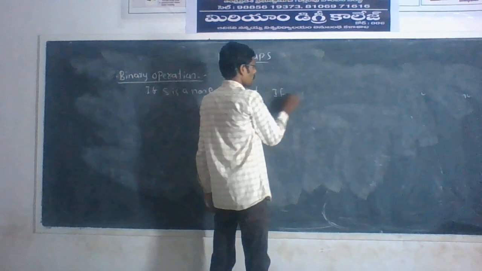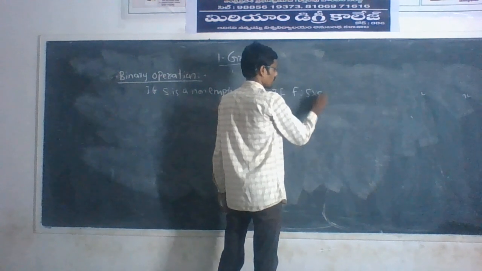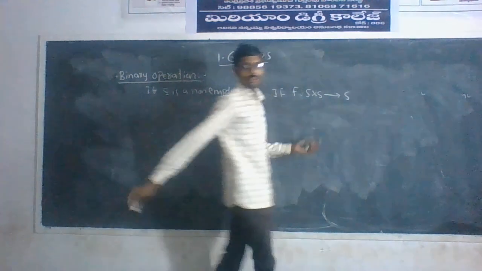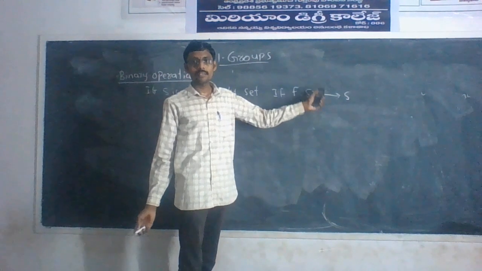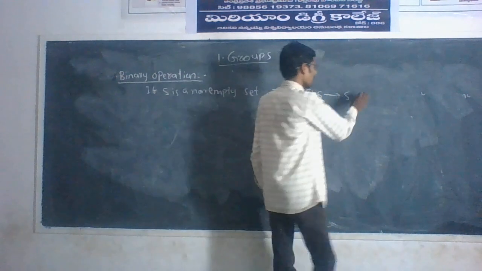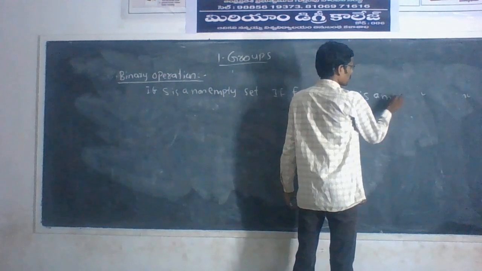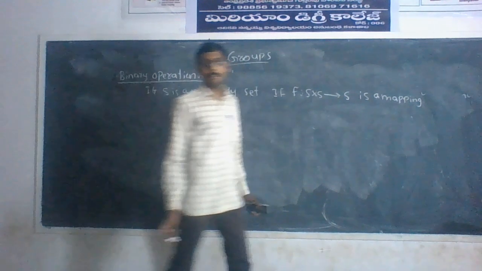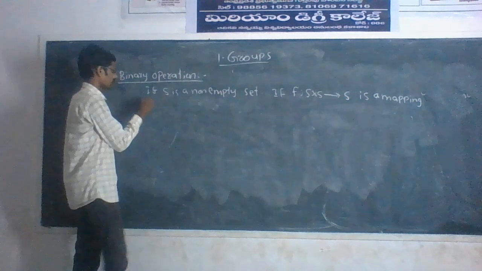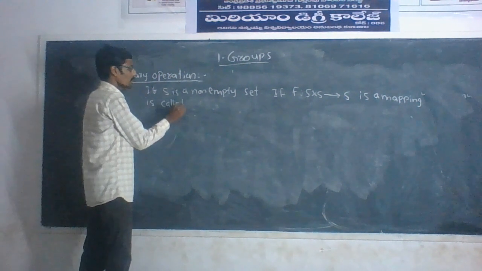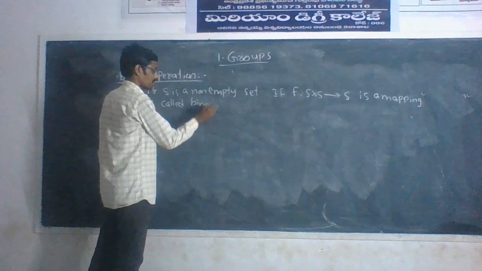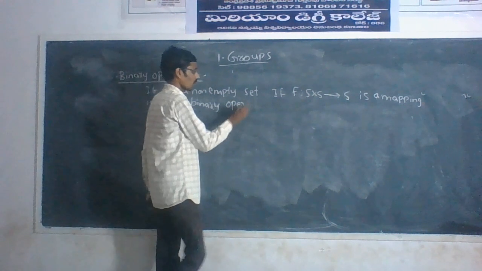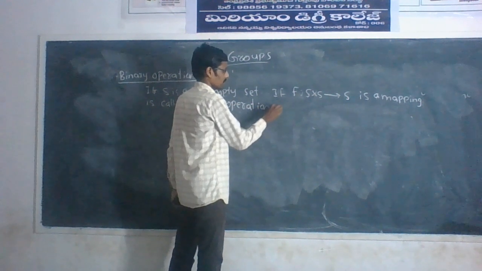If F maps S cross S to S is a mapping, it is called a binary operation in S.